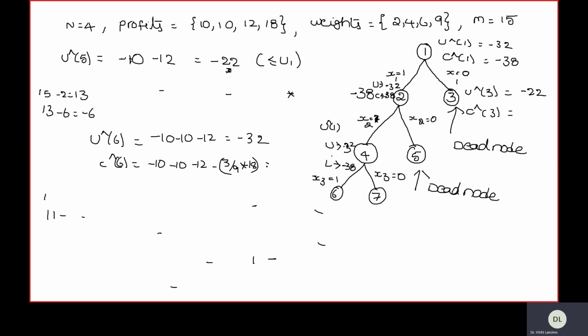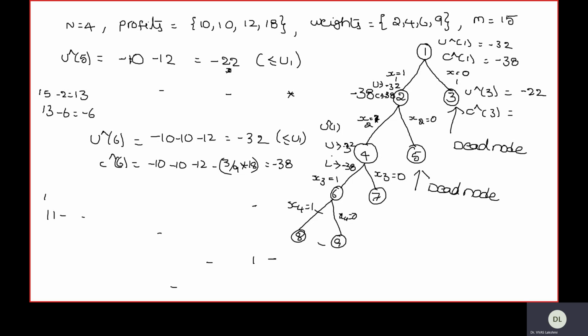That is minus 38. So here this upper bound of 6 is less than or equal to the upper bound of 1. That's why this path is going to be expanded, 8, 9, and this one is regarding whether x4 is equal to 1 or x4 is equal to 0. So this is this path.